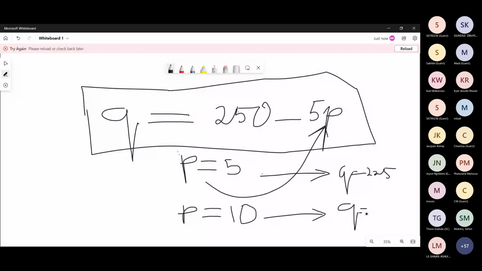Good. So basically, this equation tells us how the quantity varies when the price varies. That is what we mean by the demand function.